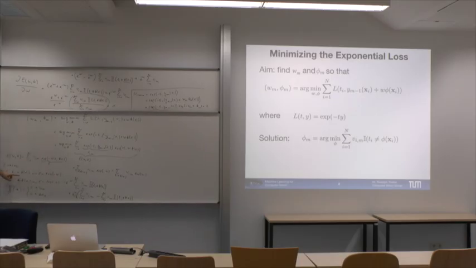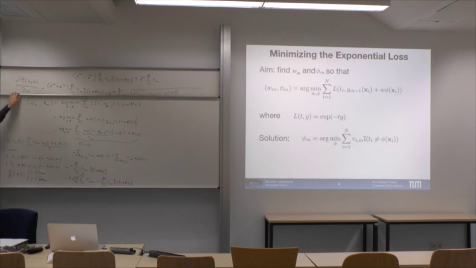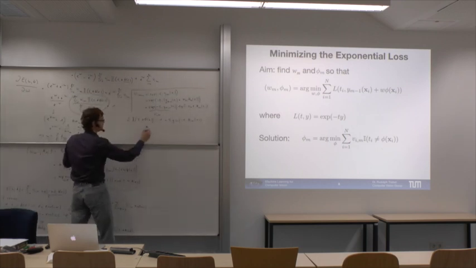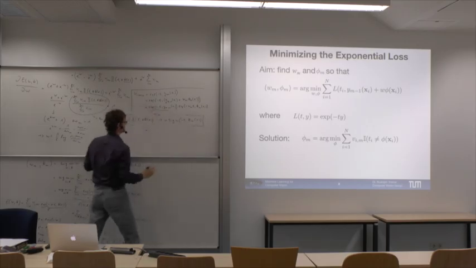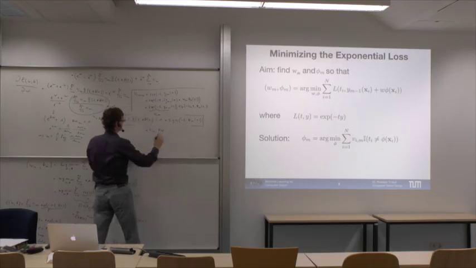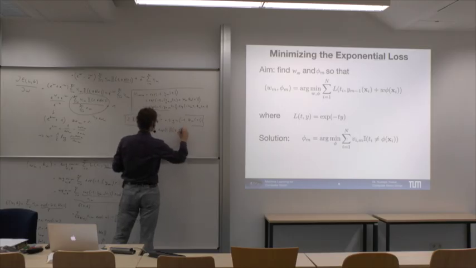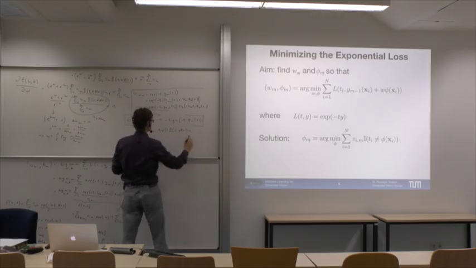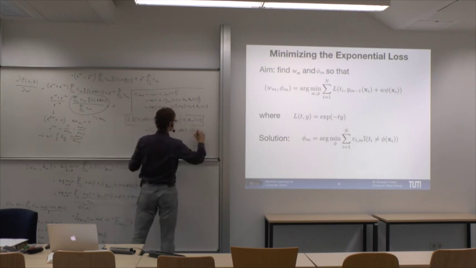In the case of a true classification, we have a minus in front of the W, and in the other case we have a plus in front of the W. So now we just have to use that term and put it in front of our W. That means this thing here equals 1 times exponential of 2 times the indicator function Ti is not equal to phi of xi minus 1, and of course W is missing, times W.